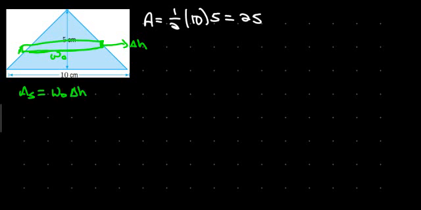Now the problem here is we need to get W naught in terms of delta H. So to do that, we're going to use similar triangles. And again, similar triangles will be used throughout chapter 8, so make sure we get comfortable with similar triangles. How we're going to do it is, the height up to the center of this thing here, if the total height is, what's the total height? 5.